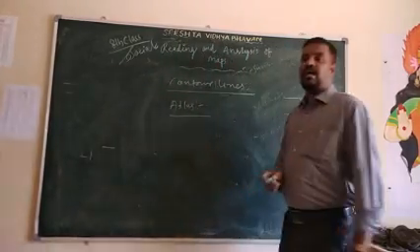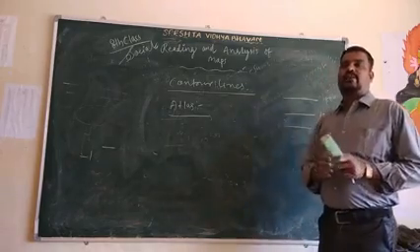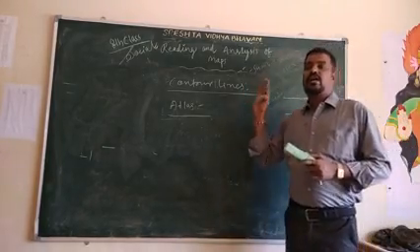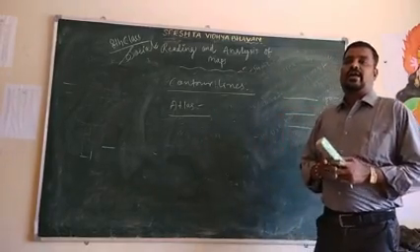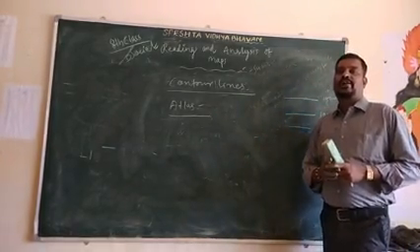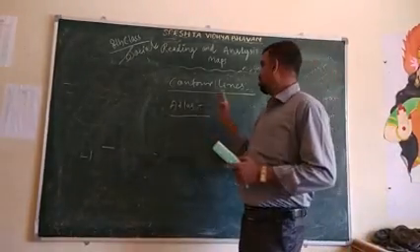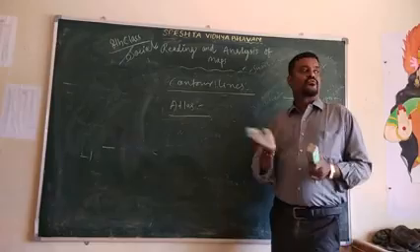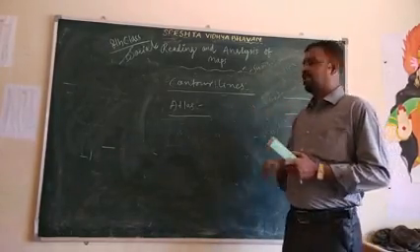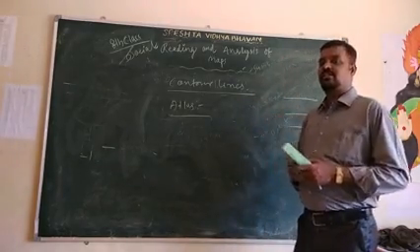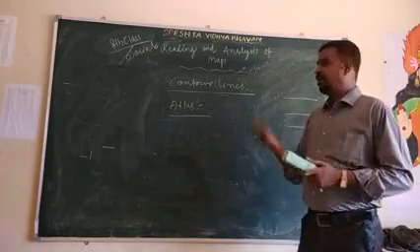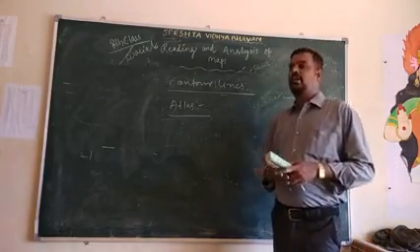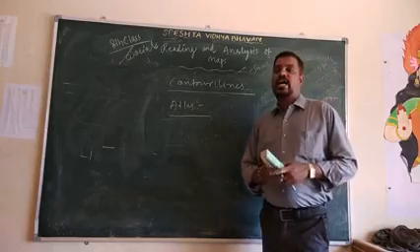And the last one is atlas. Atlas is nothing but a collection of maps, usually arranged according to different themes. In our school also we have a school atlas. If you open it page by page, you can see the different continents: North America, South America, Africa, Asia. Our country is divided into 29 states. All these things we can see in the atlas.